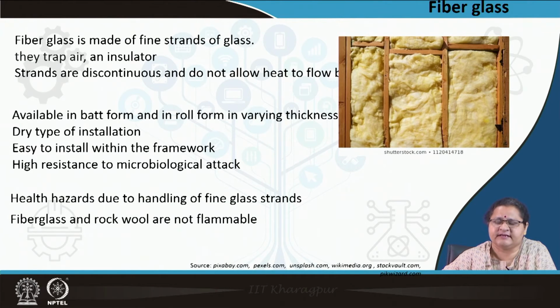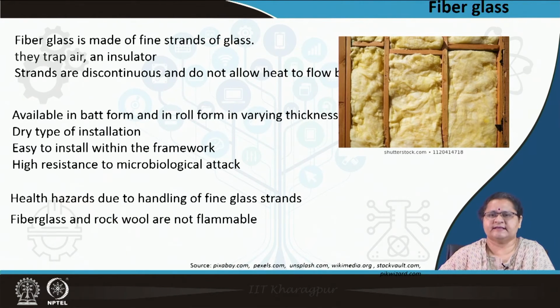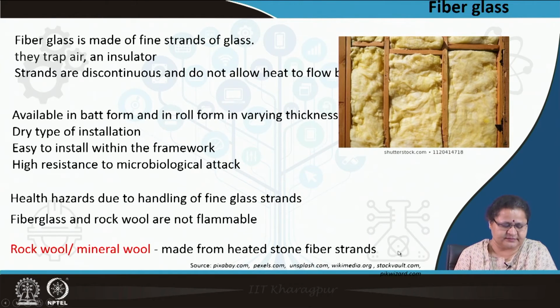You can actually heat them at 3000 degree centigrade and then pass air through it under pressure, and you can get rock wool, mineral wool, slag wool, etc. So, as I told you, similar to fiberglass, their R values are very close, and amongst these few you find that cellulose is the cheapest, cellulose is the most easily available, having less embodied energy, but application wise fiberglass is the easiest.